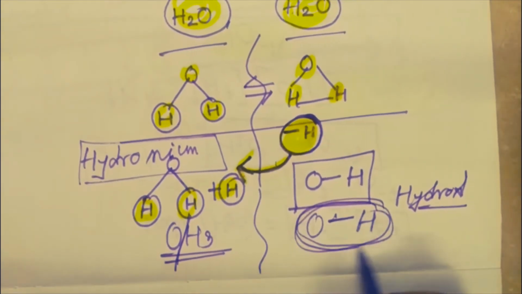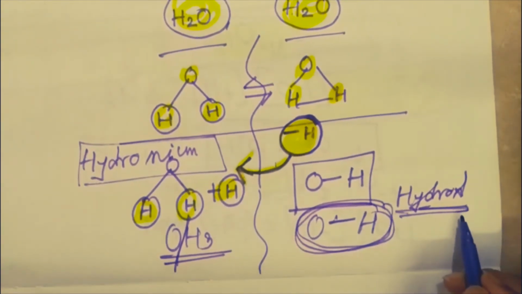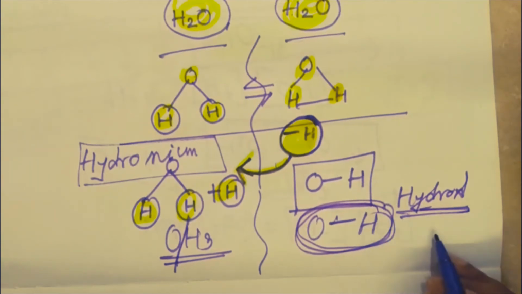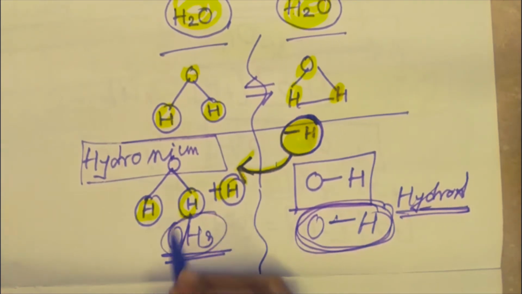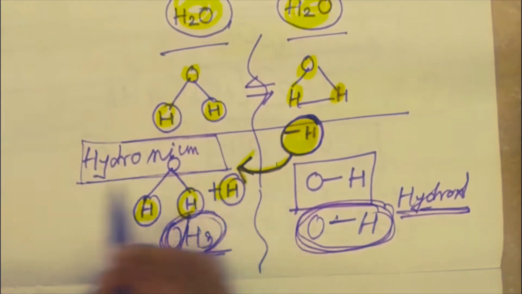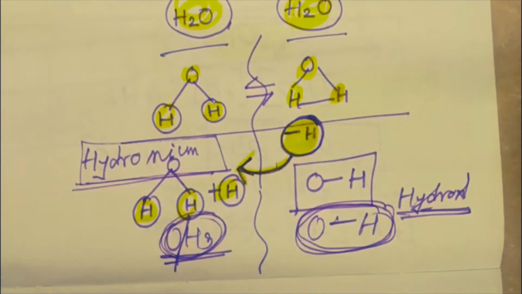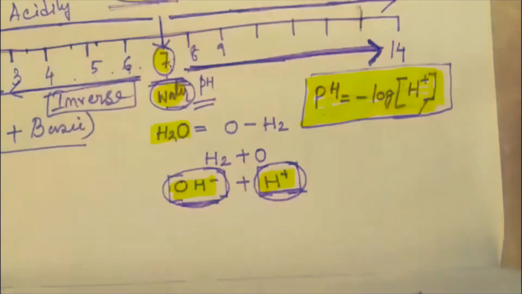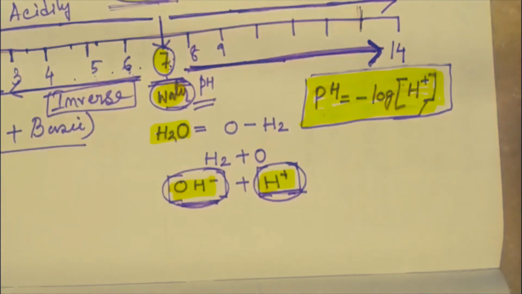The OH negative ion is responsible for the soil basicness or alkalinity, and the H3O ion, that is the hydronium ion, is responsible for the soil acidity. So come to the scale of pH.